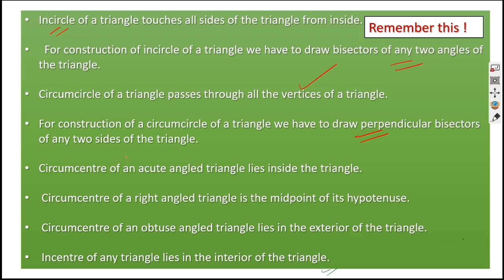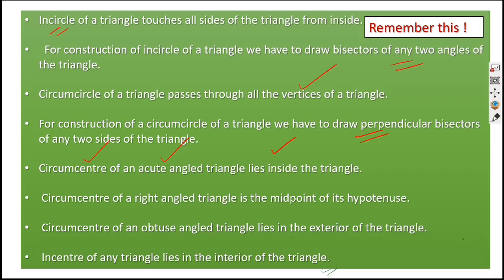And while filling the table just shown before, when you draw different types of angle, acute angle, right angle and obtuse angle to a triangle, you will come to know that the circumcenter changes its position according to the type of angle. In an acute angle, circumcenter will be always inside.